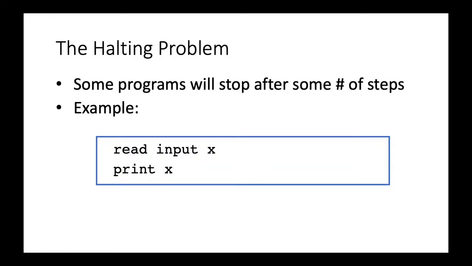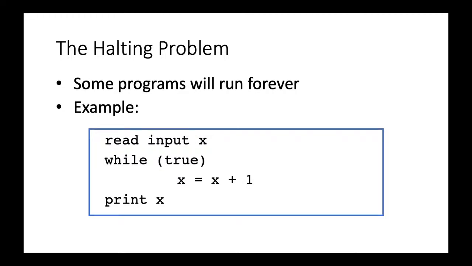On the other hand, let us take an example of another program. This time, it reads an input x, but then we have a while loop. The while loop checks the condition here. Whenever it is true, we will go back again and again until it is not true. But in this example, we specify that the condition inside is always true.